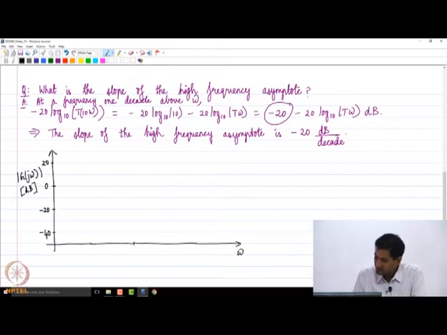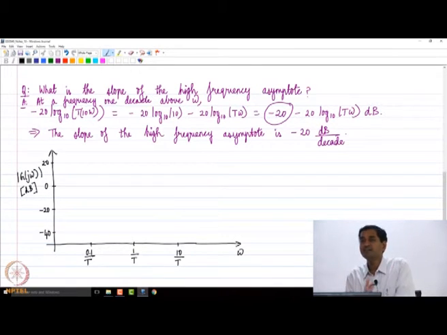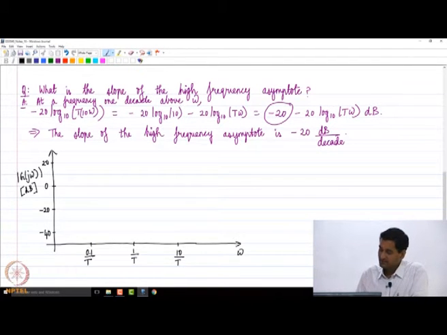Similarly, let us say I take a frequency 1 by capital T, a frequency 10 by capital T, and a frequency 0.1 by capital T. I am just looking at a region 1 decade above and below the corner frequency. So let us plot the low frequency asymptote, high frequency asymptote and the actual curves. The low frequency asymptote, which I am indicating in pink, is the 0 decibel line.